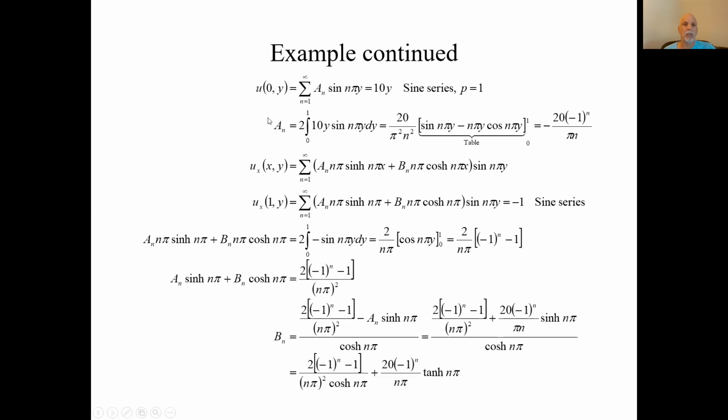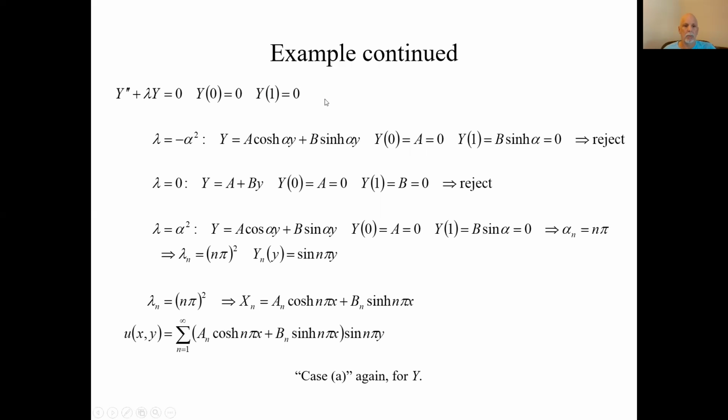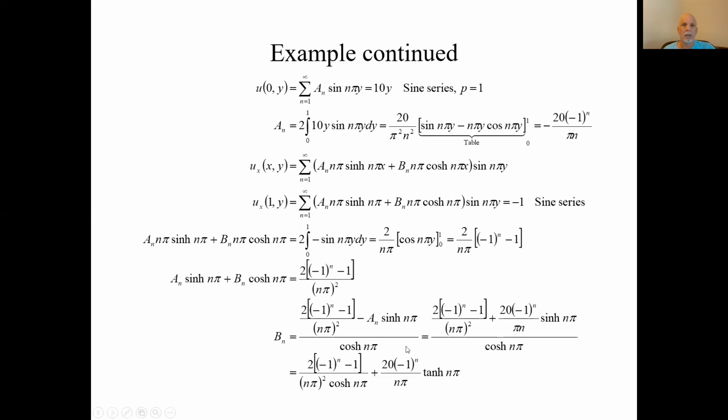One boundary condition said when x equals 0, the temperature is 10y, some given function of y. If x equals 0, what happens? Sinh is 0 and cosh is 1, so it's just A sub n sine of n pi y. So that's my general solution when x equals 0, and that has to equal 10y.